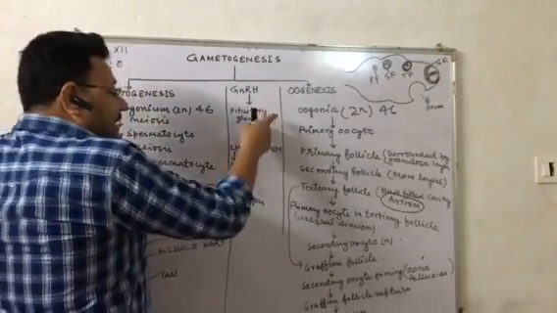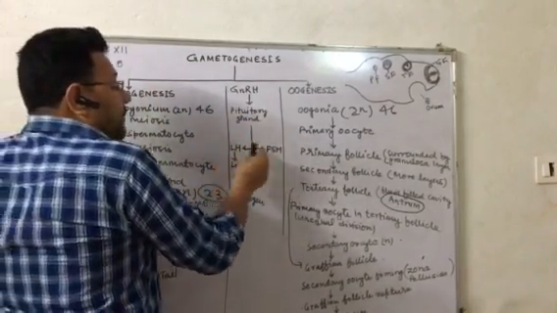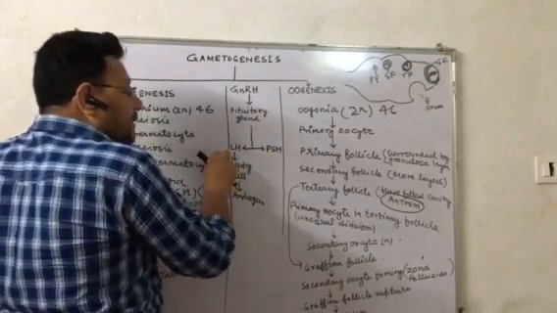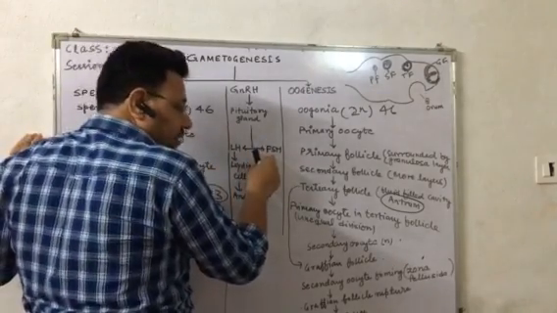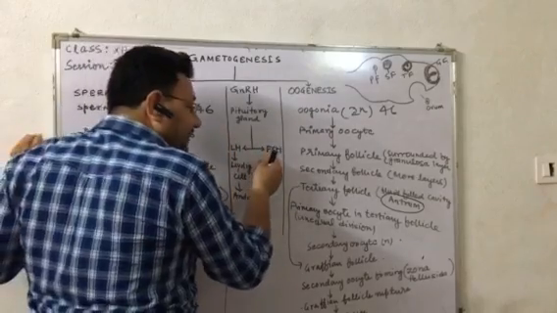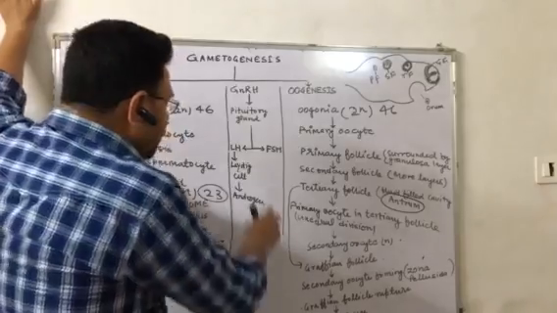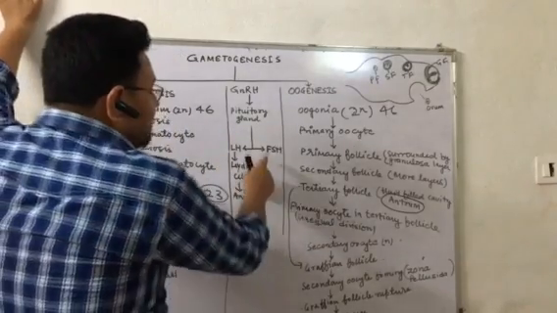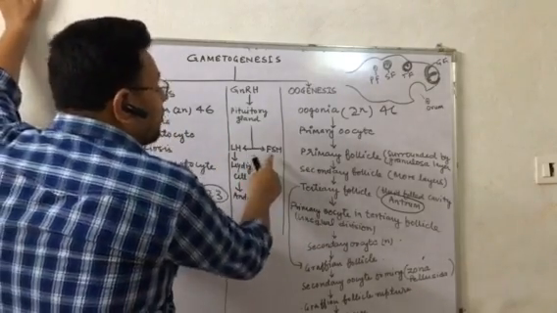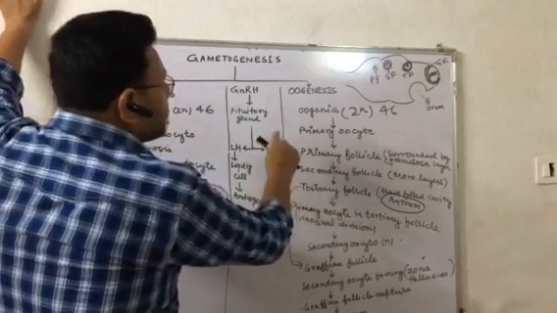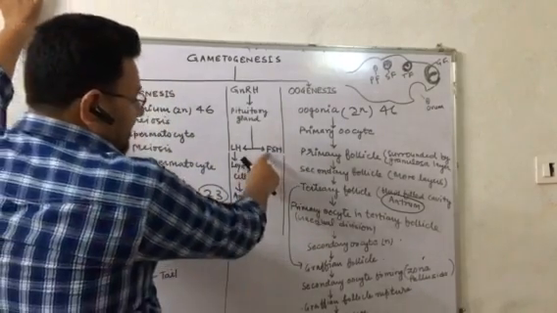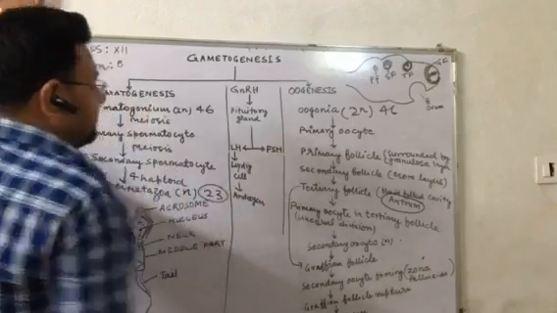Now this pituitary gland will release two types of hormones, luteinizing hormone and FSH hormone. So luteinizing hormone is represented by LH, and this follicle stimulating hormone is represented by FSH.